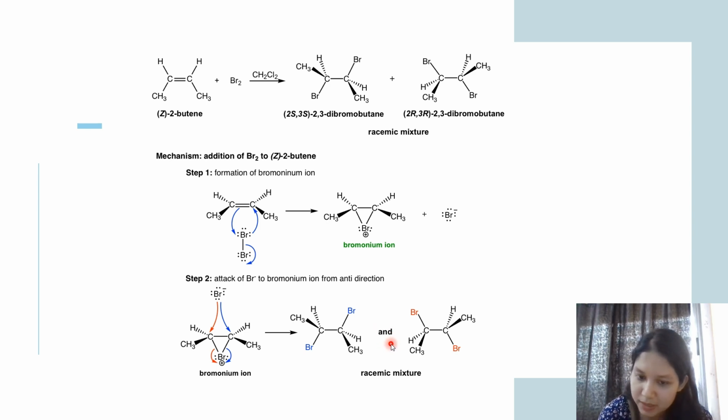These two will be mirror images. But if you lift this molecule and try to place it above this molecule, the two molecules will be mirror images but not superimposable. Thus, you get a mixture of two enantiomers, which is called a racemic mixture.